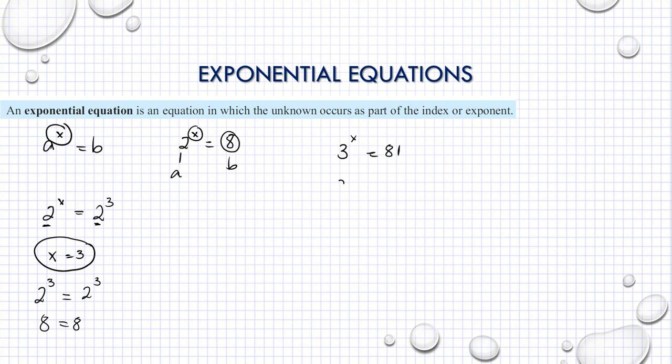Then we know that 3 raised to x is equal to 3 raised to 4. That is 81, because 3 times 3 times 3 times 3, this is 9, and this is 9. So 9 times 9 is 81. So you have the same base now, so we have x is equal to 4.